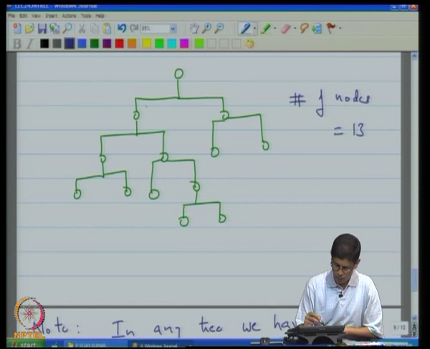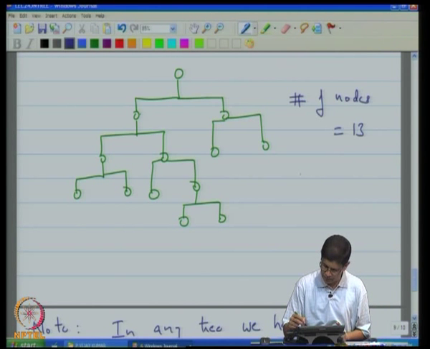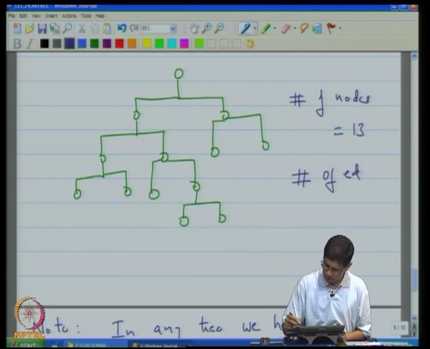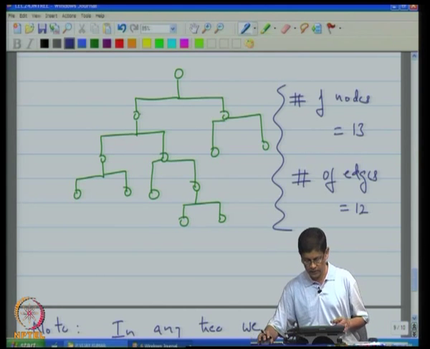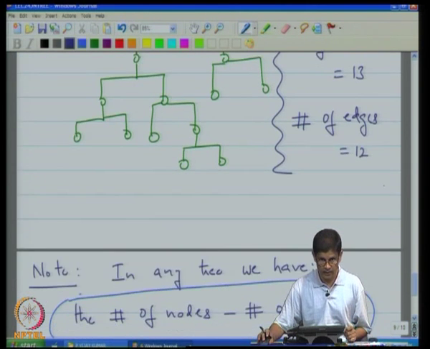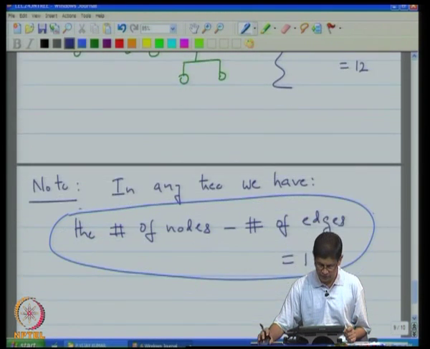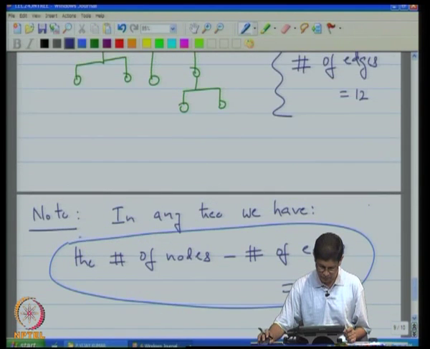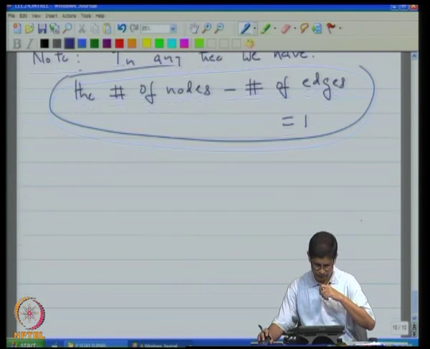So, you have 1, 2, 3, 4, 5, 6, 7, 8, 9, 10, 11, 12. The number of edges is equal to 12. So, you can see that the number of nodes exceeds the number of edges by 1, and it is not hard to prove, but we will not do that.